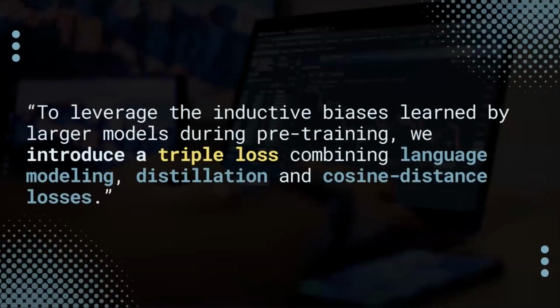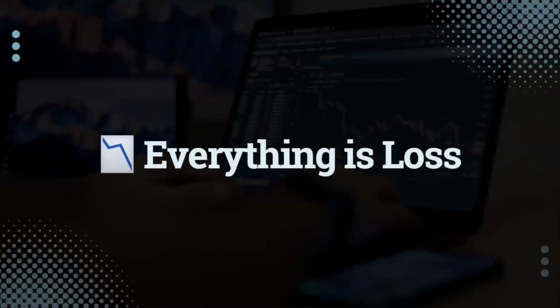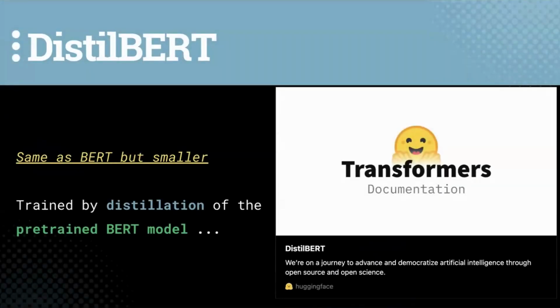If we zoom in, what they tell us is that to really do this, they introduced a triple loss, naturally, combining language modeling, distillation, and cosine distance losses. Of course they did, because everything is loss, as we've continued to see throughout this entire journey together.